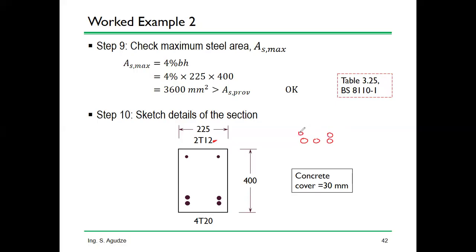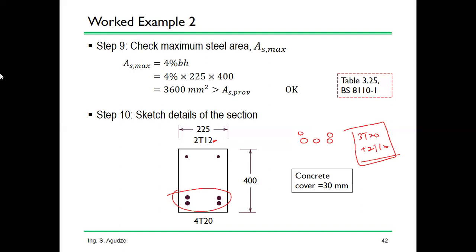I can decide to choose, let's say, 3T20 plus 2T16. Once it gives me the required area, that's enough. There's no rule that all the reinforcement down here must be the same diameter. You can have bigger and smaller sizes, but typically the bigger ones will be at the bottom while the smaller ones will be placed on top.